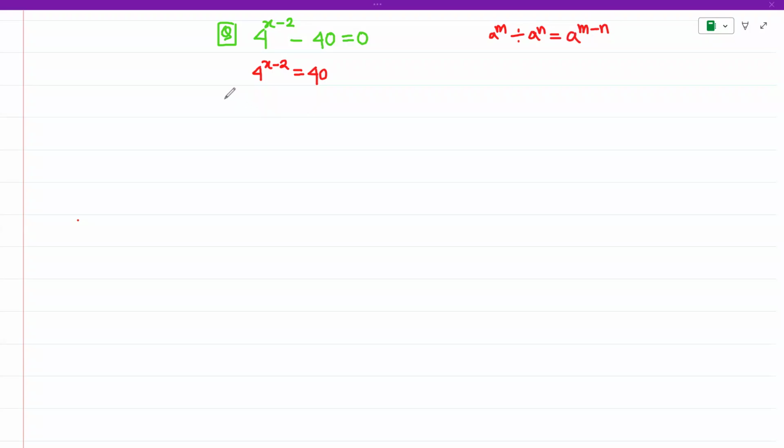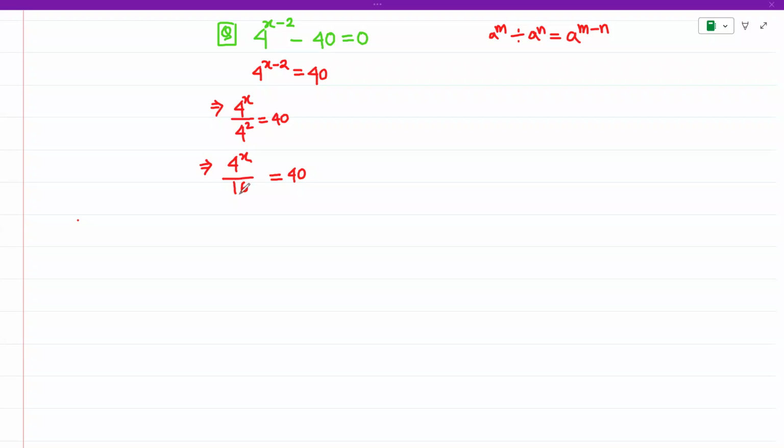So 4 power of x minus 2, we can write that 4 power of x over 4 power of 2 equal 40. That means 4 power of x divided by 16 equal 40.